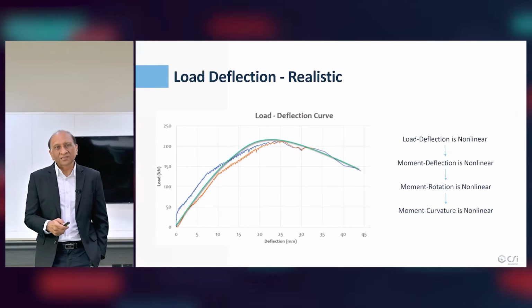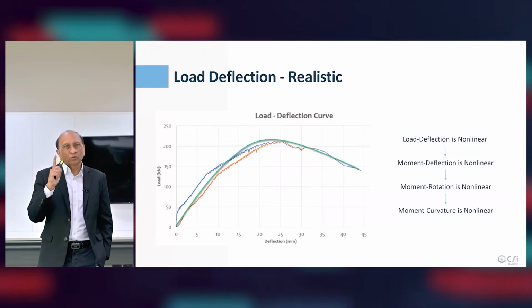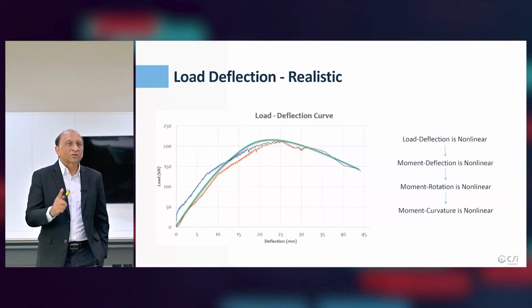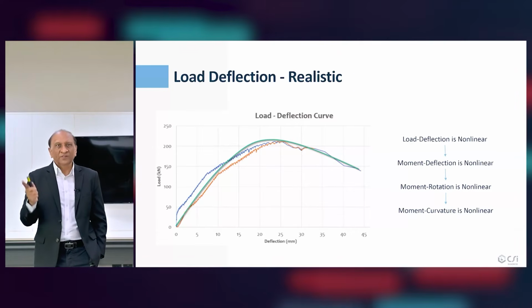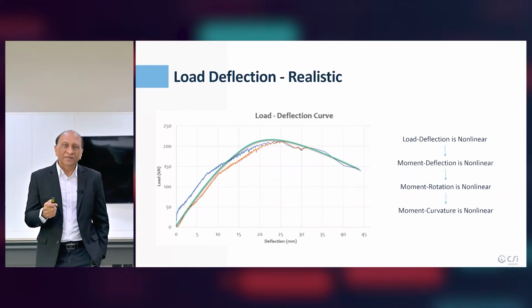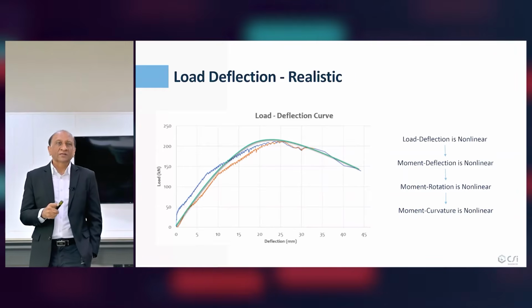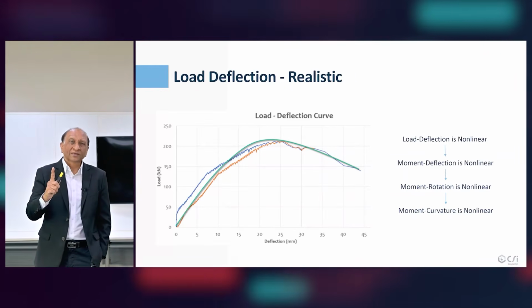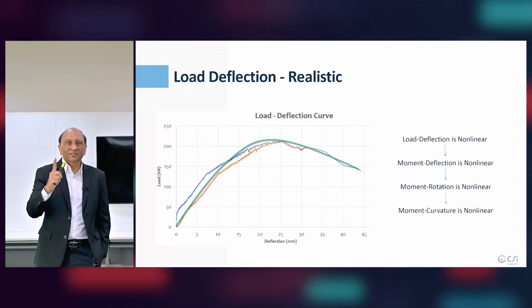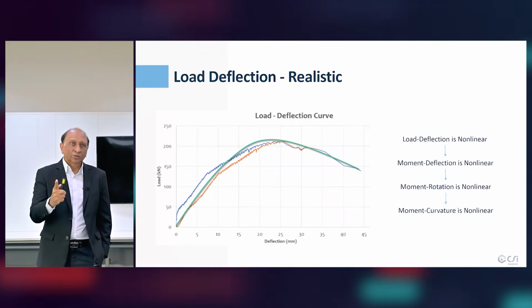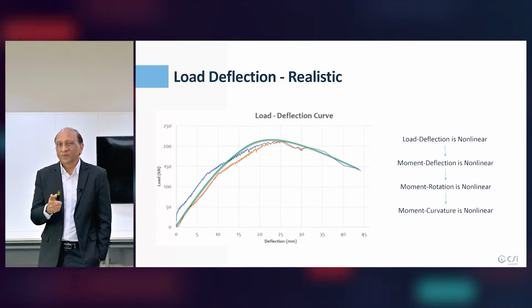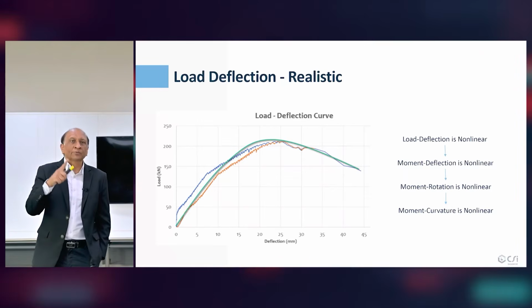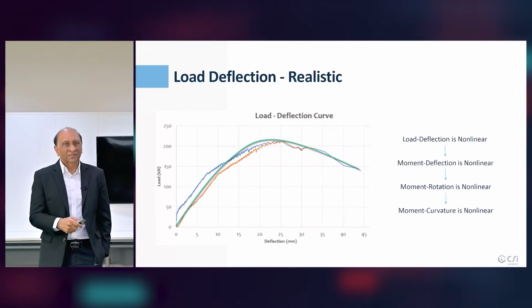That means our strength equation, which is based on one unique strain, is not going to help us in any of this. So we need to look at the moment curvature as a starting point if we want to go to moment rotation, and from there to moment deflection and then load deflection. So the starting point must be moment curvature if we want to use computations and reach the same results.